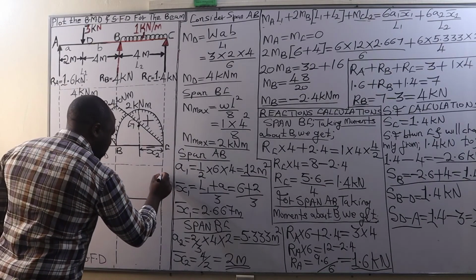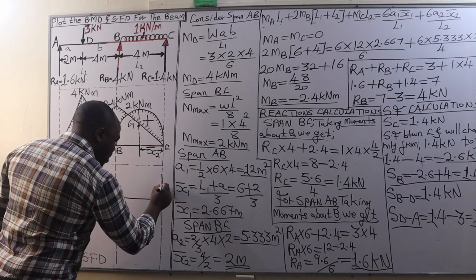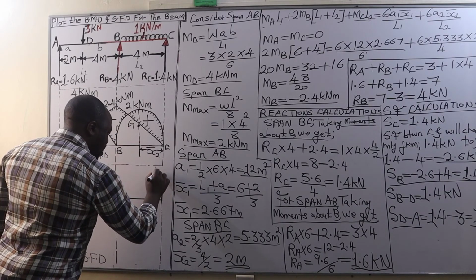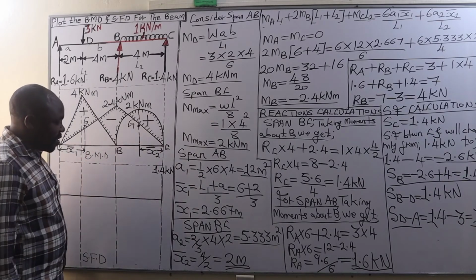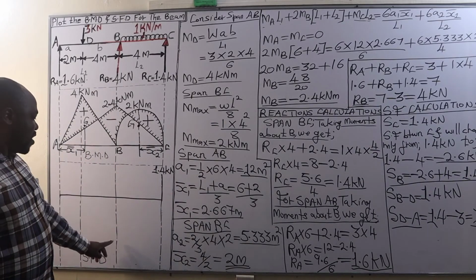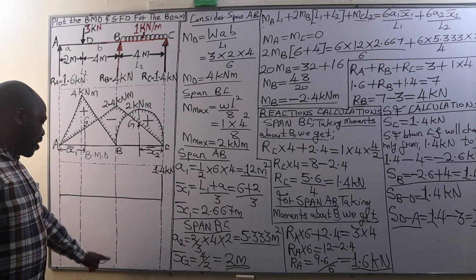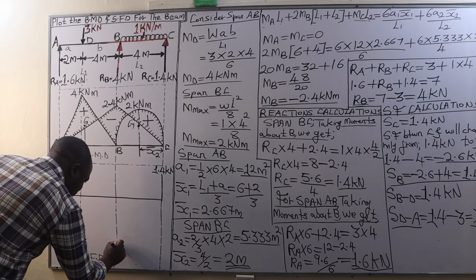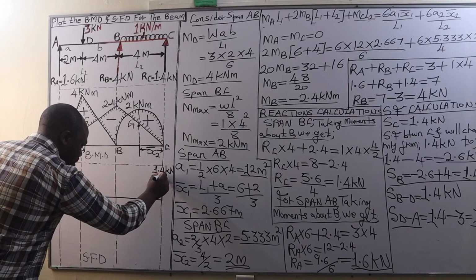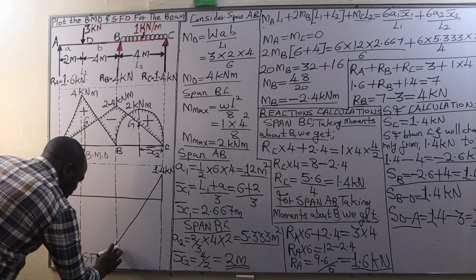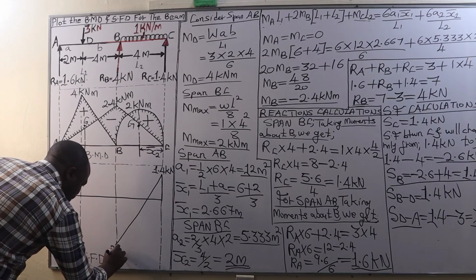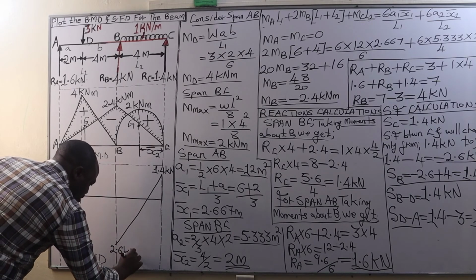And if we approximate 1.4 kilonewtons to be at this point, that is going to be where we are having the 1.4 kilonewton shear force. Between C and B, we have a change from 1.4 to negative 2.6. So approximately negative 2.6 at that point. So we are going to drop and connect it there. So here we have negative 2.6 kilonewtons.